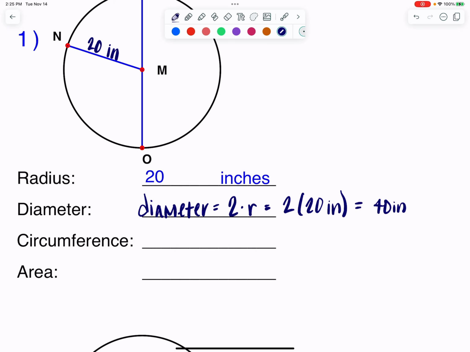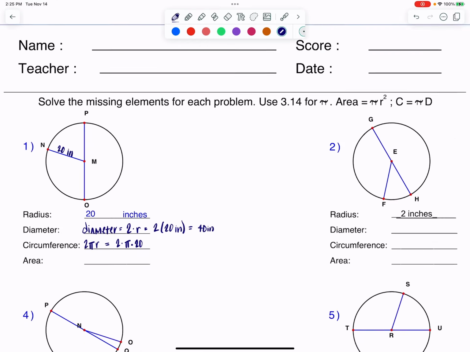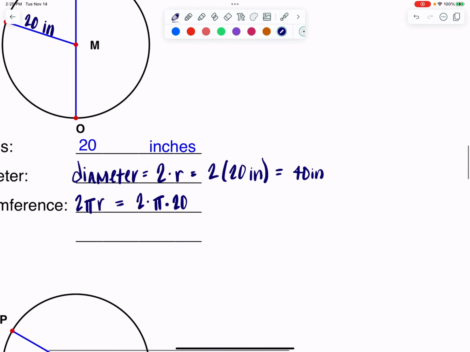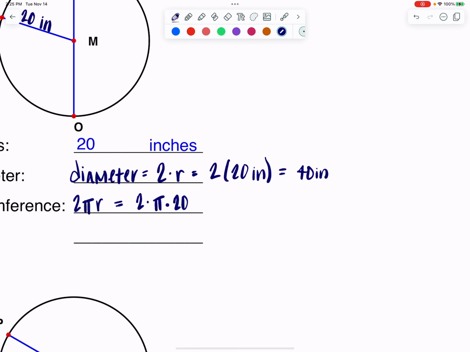For circumference, my formula was 2 times pi times the radius. My radius is 20. We are going to go ahead and get an approximation instead of an exact value. This would be 40 times pi.